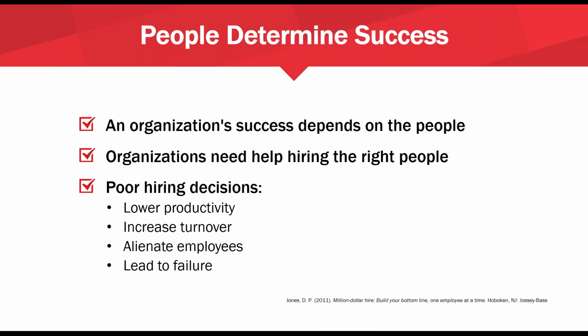We do know that, well, let me back up. Something that we always talk about at Hogan is that the success of any organization depends on the people. And part of the organization's goals and duties and their commitments to their shareholders is to try to get the right people on board. Why?